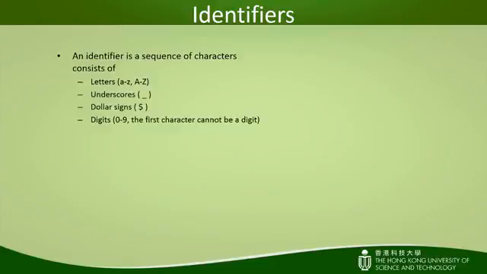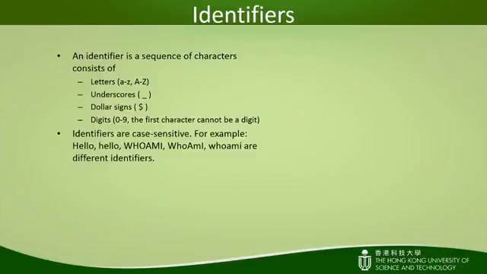And digits from 0 to 9, except that digits cannot be used as the first character of an identifier. Identifiers are case-sensitive. For example, hello with capital letter H is different from hello with all lowercase letters. Who am I with all uppercase letters is different from other versions with a mix of lowercase and uppercase letters.